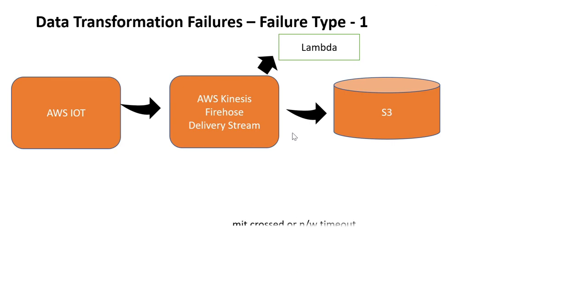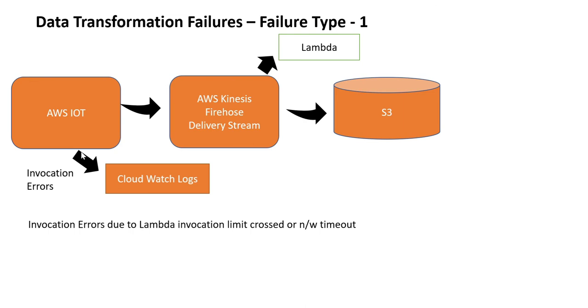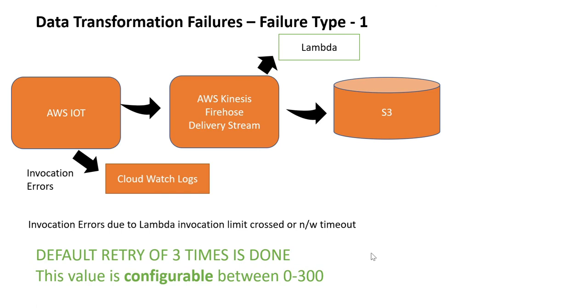So in this case, the invocation errors are sent to CloudWatch logs. The invocation errors are due to Lambda invocation limit crossed or network timeout. So this is saying that if the network times out or the invocation limit of Lambda crosses, then this happens. By default, a retry is done 3 times, but this value is configurable between 0 to 300.